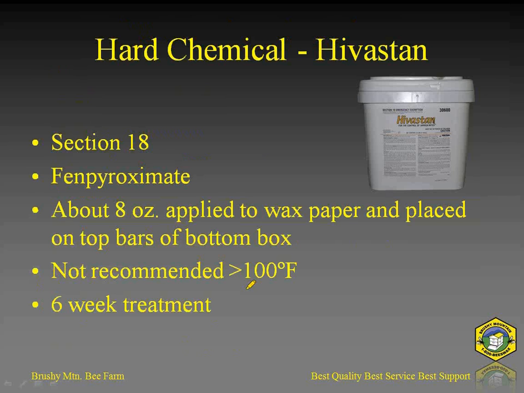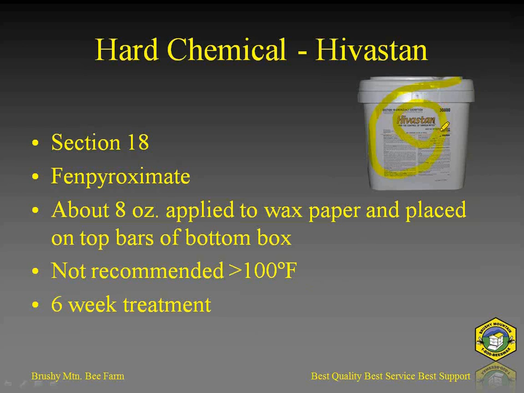One which I put in here, but chances are most of you will not come in contact with anytime in the near future. Hivastan. Hivastan is new this year. It's a Section 18 registration. It's an emergency registration. Its active ingredient is fenproxamate, and you apply this in this tub is a gel.